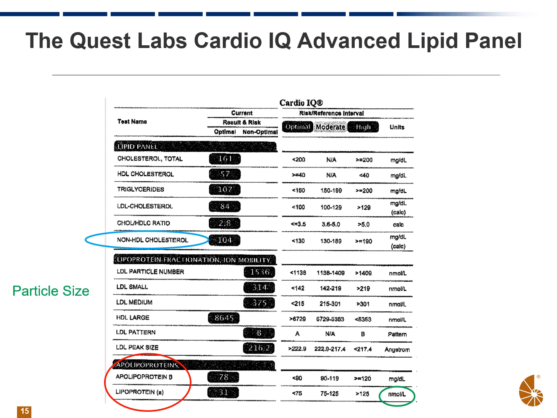And you'll notice that a lot of the particle size values are in the non-optimal range. Then at the bottom, we have apoprotein B and lipoprotein little a levels, and both of those came out in the optimal range. So in this particular case, the typical things we measure looked okay, and the ApoB and lipoprotein little a were okay, but the particle size situation was in the non-optimal range.